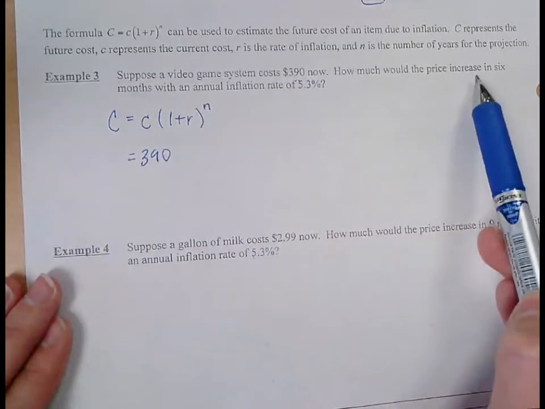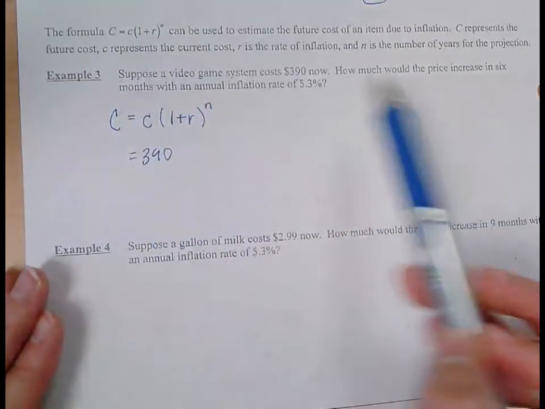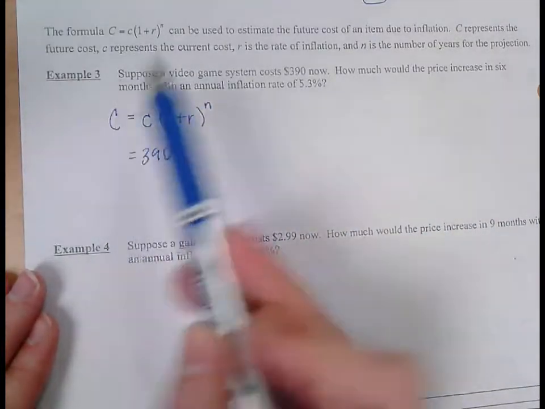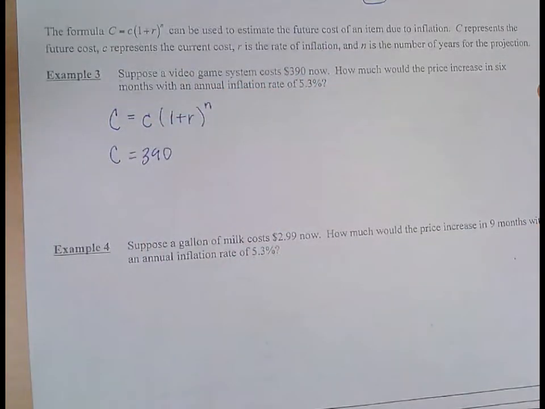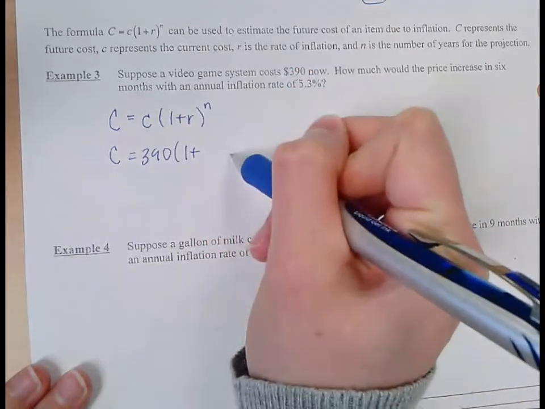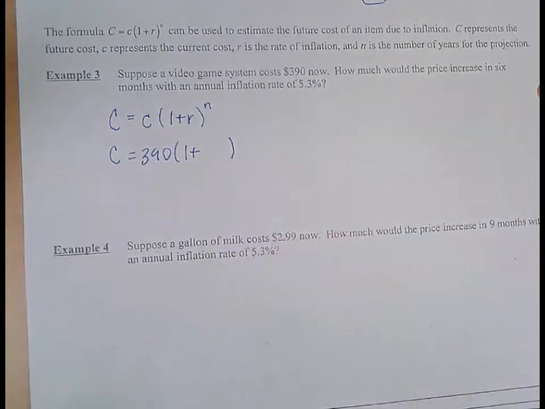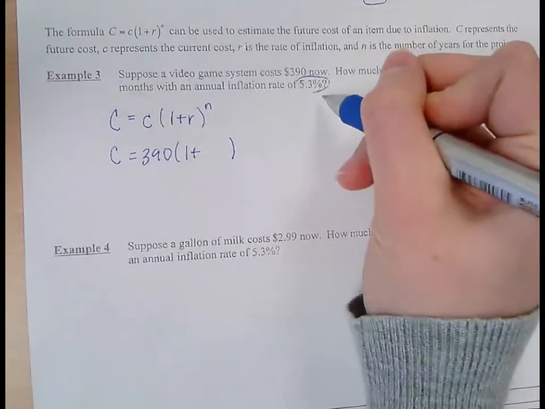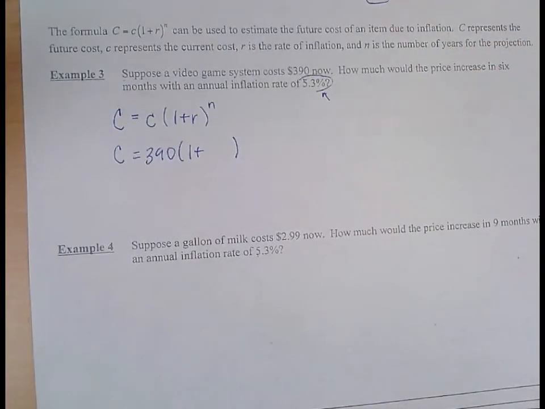It says, how much would the price increase in 6 months? So you're looking for uppercase C, the future cost, because you want to know how much the price would increase. I should have something to substitute in for r and something for n. So r is the rate of inflation, that's the 5.3%, but make sure when you substitute in a percent, you are substituting in the number that represents the percent.